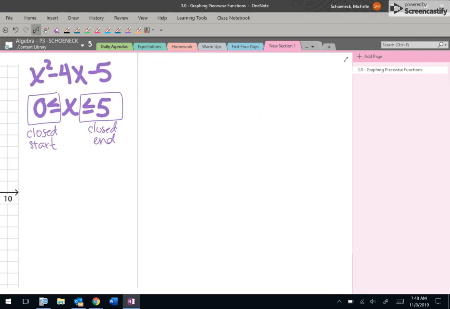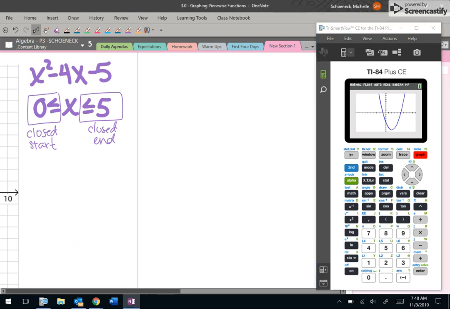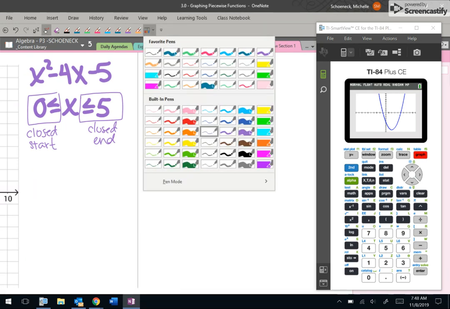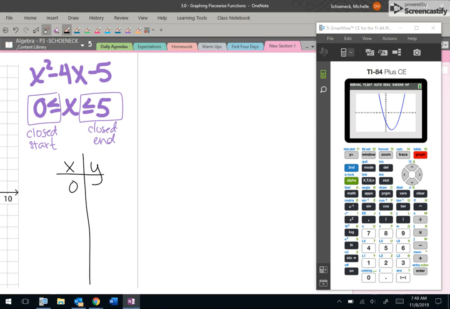So again, I'm going to get out my calculator because we're going to have to fill out our table. I've got x squared minus 4x minus 5. And I'm going to take a look at the graph again. It's a quadratic function because it's a U shape. Let's make our table now. I'm going to start at 0, and I'm going to end at 5, and fill in all the spots in between.